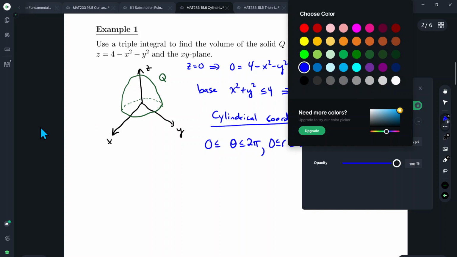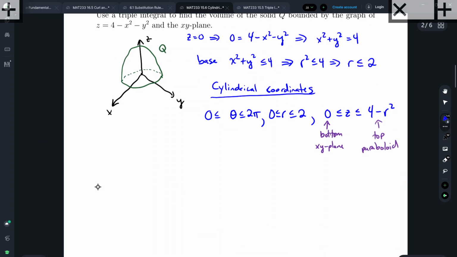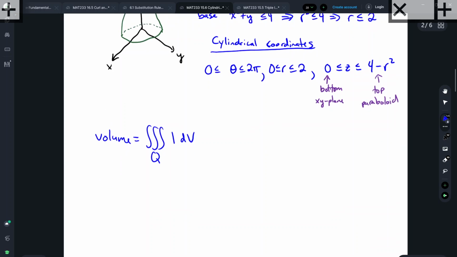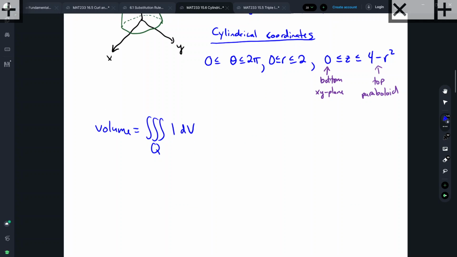So now we're ready to set up the triple integral. We're trying to calculate the volume, and whenever you're trying to calculate the volume, you can think of it as the triple integral over the solid object of the function 1. So this is how we calculate the volume. Theta goes from 0 to 2 pi.